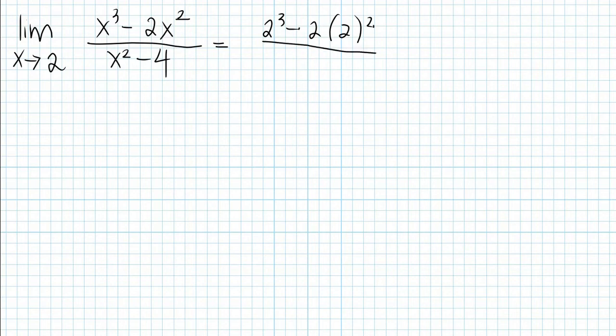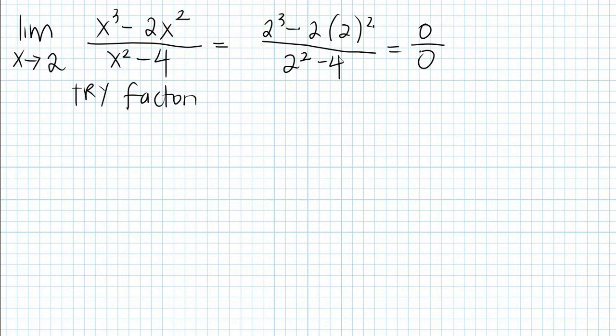If we solve for that, that will give us 0 over 0. So what we can do is manipulate the equation by factoring. For the numerator, we have a common monomial factor, which is x squared, so we factor out x squared on the numerator.